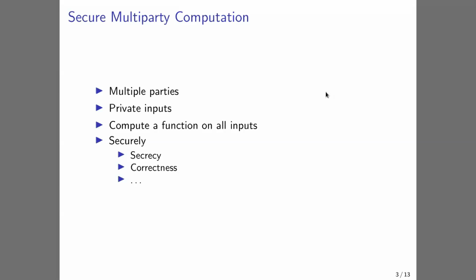Now, I won't go into formal definitions of security, but for the purpose of this talk, think of it as that they want to keep their private inputs secret from one another. Also, let's not forget that the computation must return the correct result. And I won't deal with any other security properties that might come up in MPC.